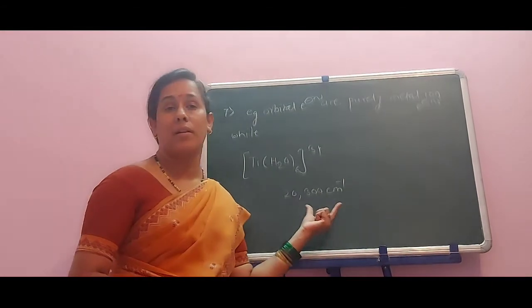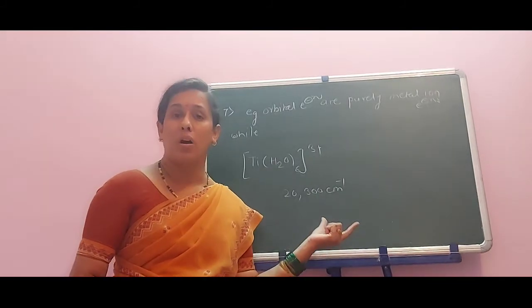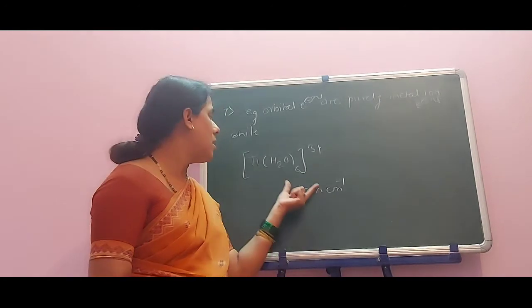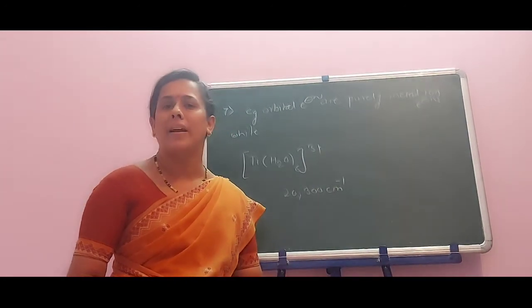Which type of charge transfer interactions takes place, what color you have observed, these points and other complexes with detailed study we are going to discuss in the next lecture.